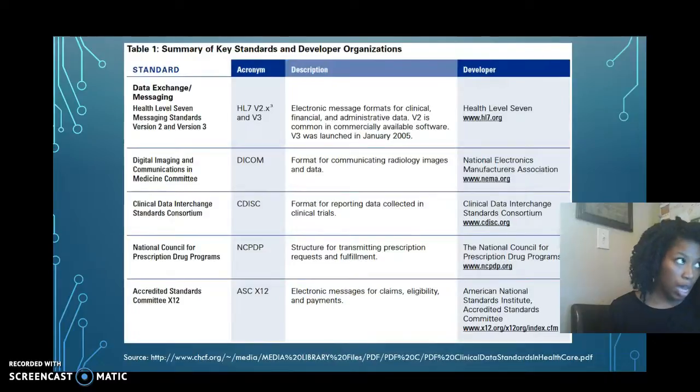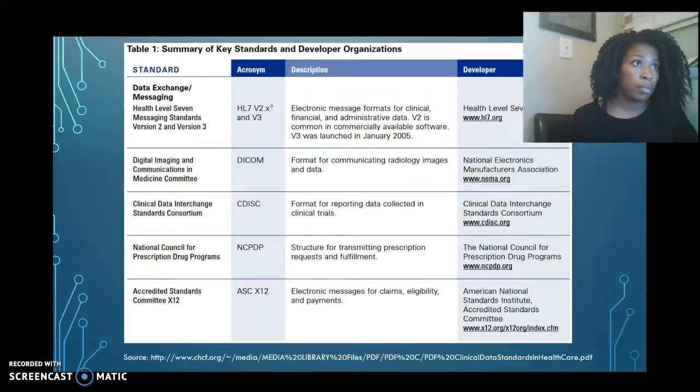On this slide, we have the standard for the data exchange messaging, and it goes into detail on the left-hand side, and the descriptions in the middle, and those developers are on the right-hand side.